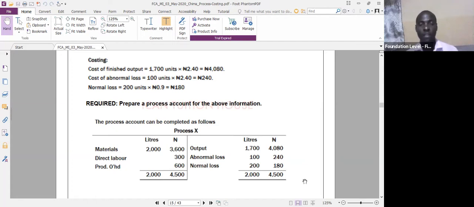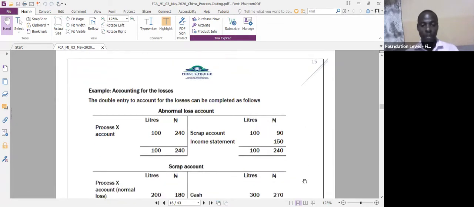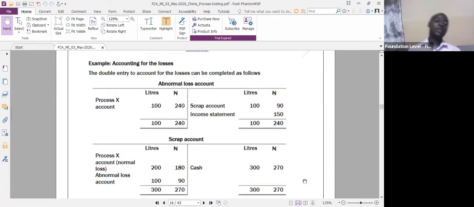So it's taken that the abnormal loss should be part of the good production. So you have a statement of accounts, abnormal loss: you debit the abnormal loss account, process X, then you credit the scrap account on the income statement.